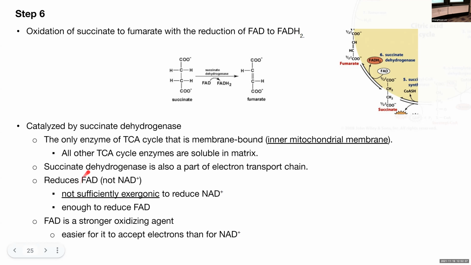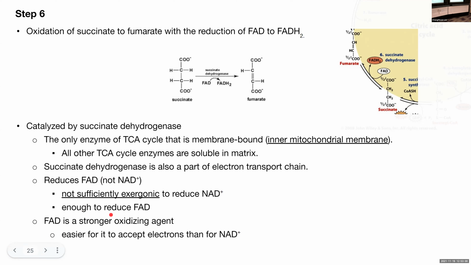Instead, it uses FAD because it cannot produce or provide the sufficient energy to reduce NAD plus, which requires more energy for its reduction. But it's still enough energy to reduce FAD molecules, so FAD is used instead.